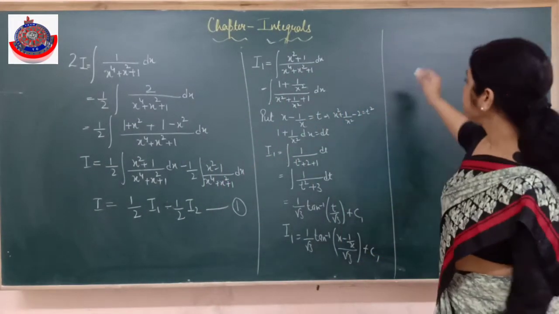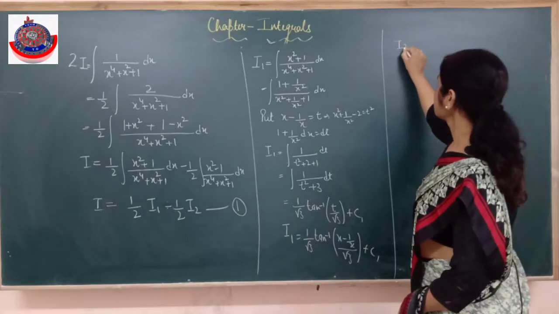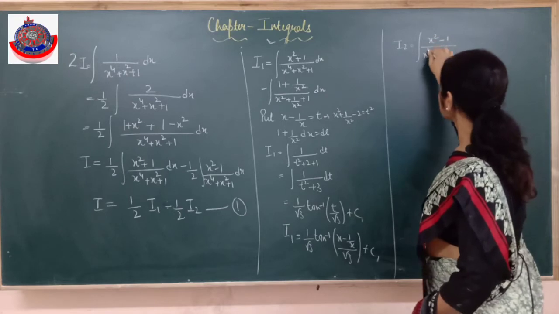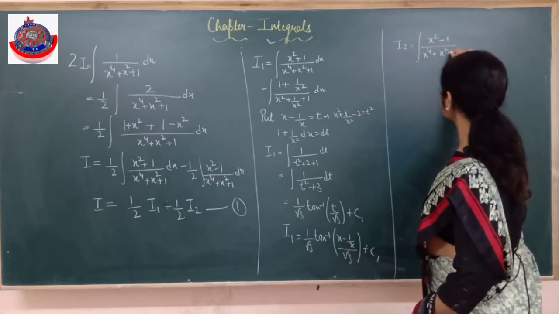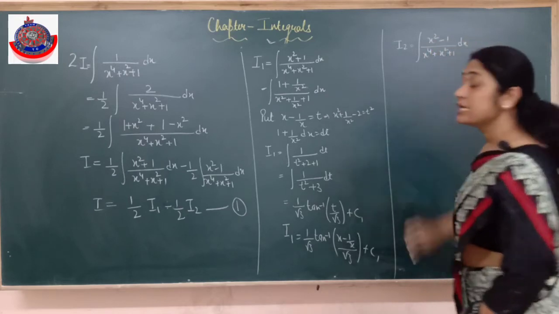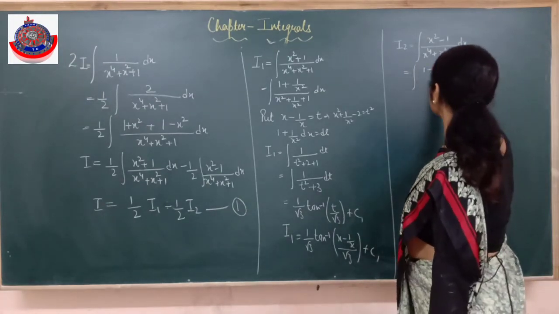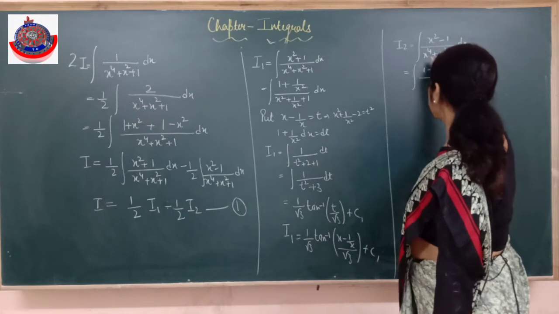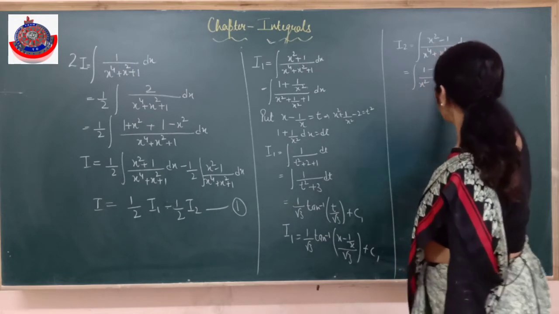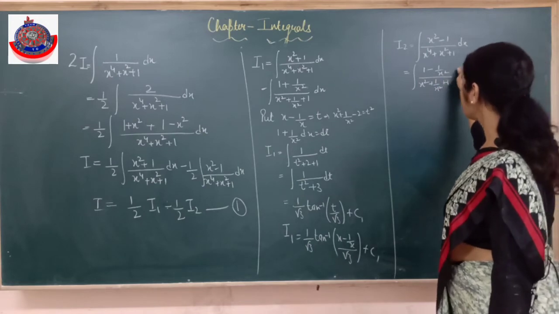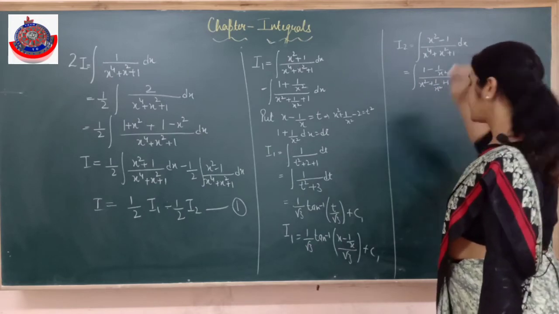What is I2? Divide numerator and denominator by x square. X square, 1 by x square. I am keeping it with it because I get the value together, and dx.